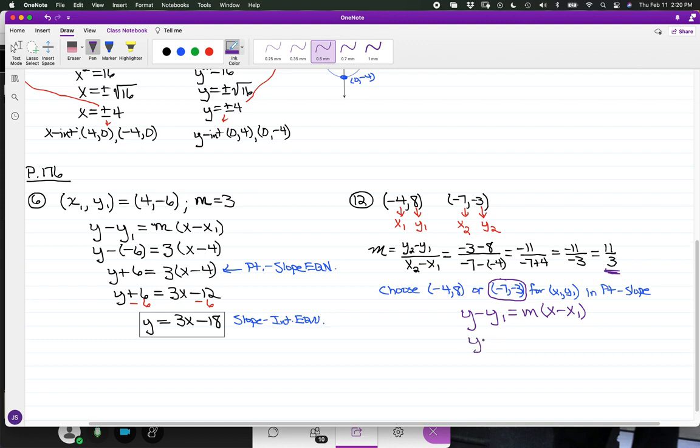So if I fill in, you have y minus -3, and we have the slope m at 11/3, times the quantity x minus -7.